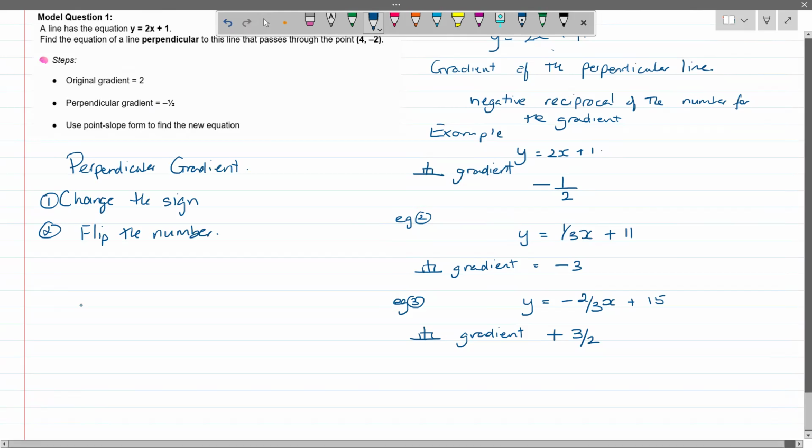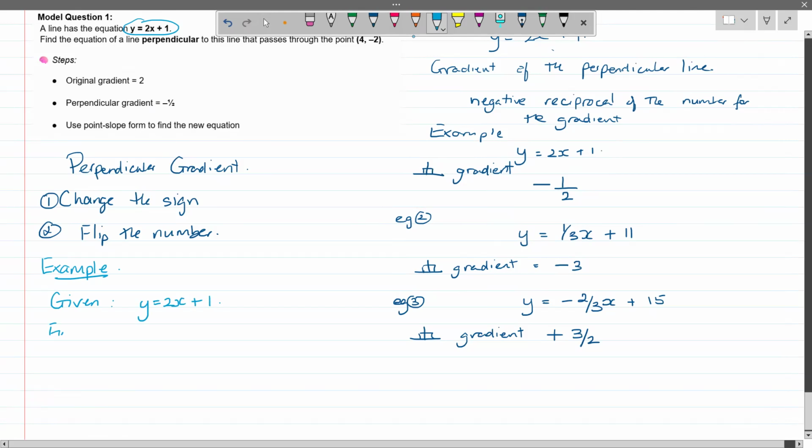Yeah? All right, so let's look at this example. We have, this is the equation here. So we're given y is equal to 2x plus 1.